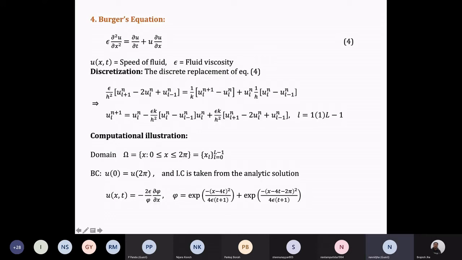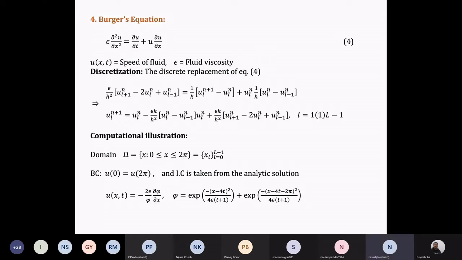In the previous code, I am just going to write this. Please note that all these methods which I have discussed are explicit ones, n plus 1. The next time level value is dependent on the previous time level only. All are explicit methods. That is why coding seems very easy.